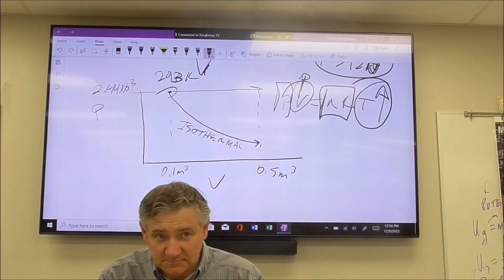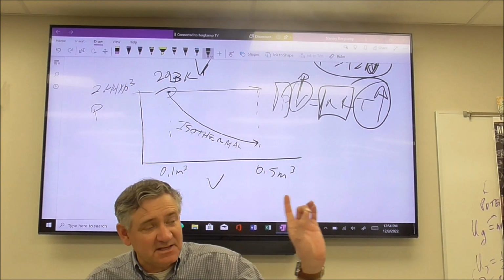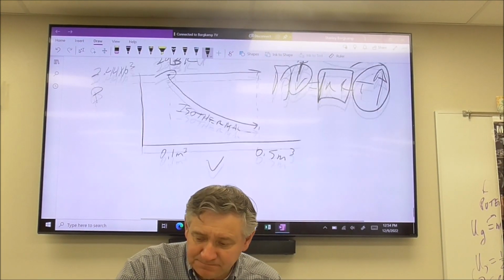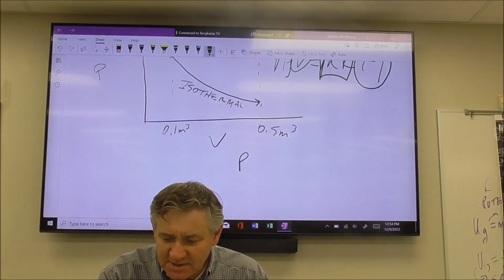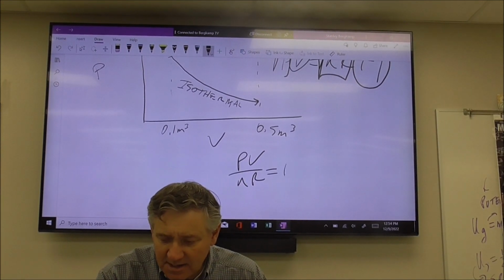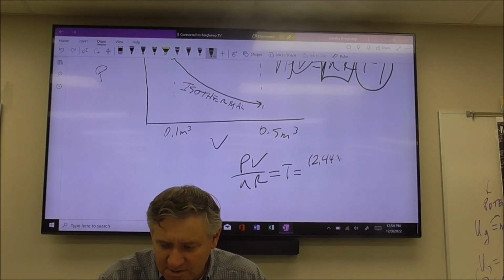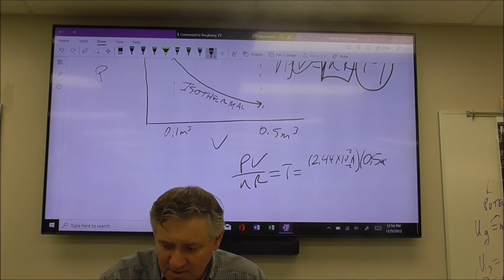Now, we have the capacity to calculate that new temperature, right? So if we take PV over NR, I can get that new temperature. So the pressure is going to be 2.44 times 10 to the third newtons per square meter. My volume is going to be 0.5 cubic meters.